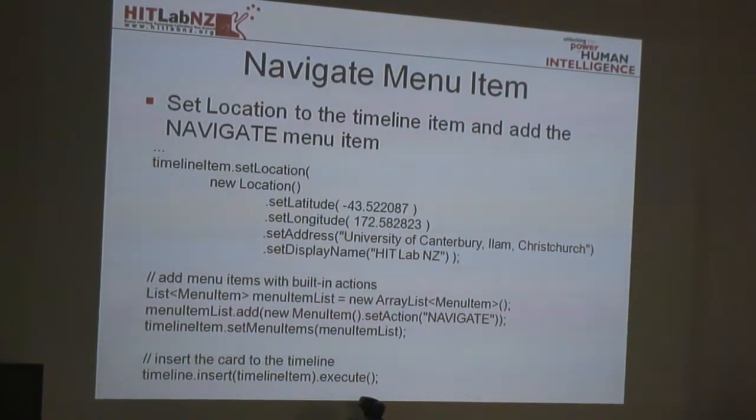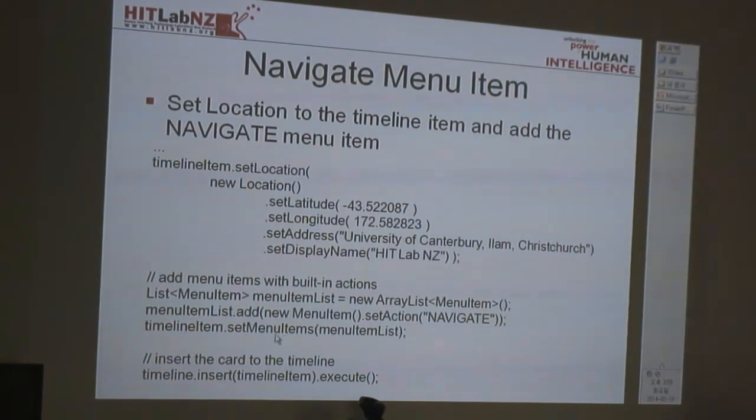So in this case, if you create a timeline item, which is a card, and set location with this latitude, longitude, I don't think this part is necessary, but anyway, and then within that same timeline item or card, you add the menu item called action navigate. Then once you've inserted that to the timeline, what will appear is a card with a menu item that the user can tap to navigate to that location tied to the card.